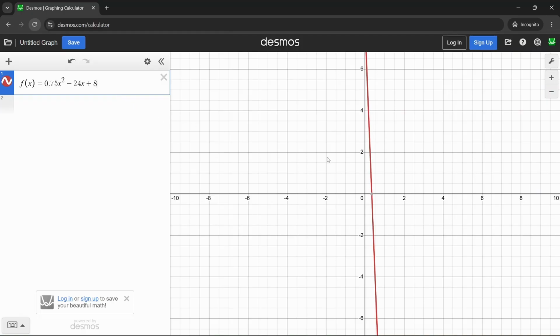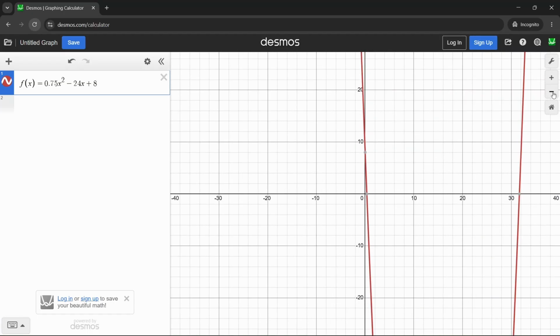So when we type it into Desmos, we have this. It looks like it's missing some. Let's just go ahead and zoom out.